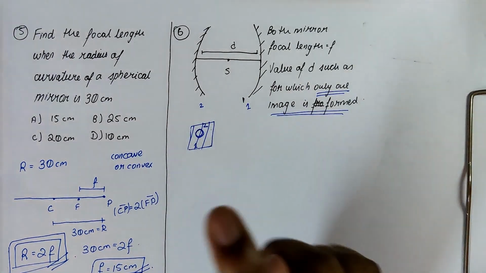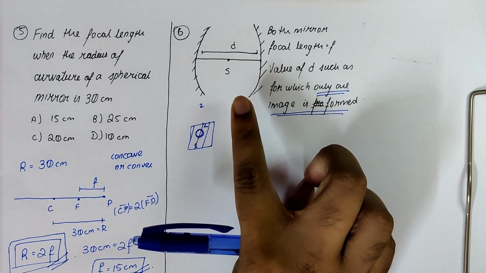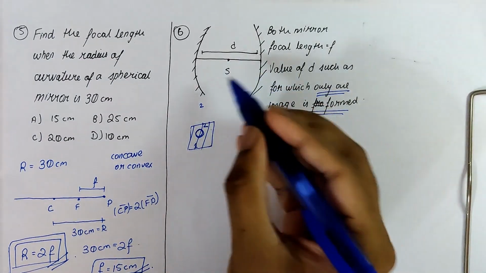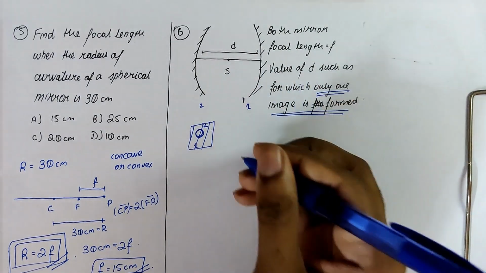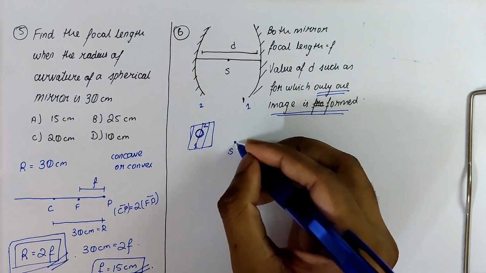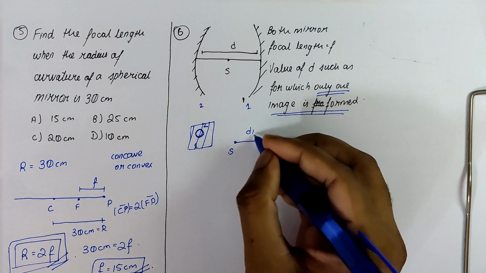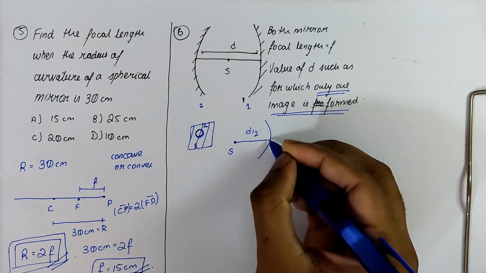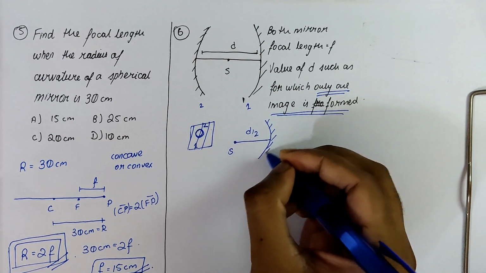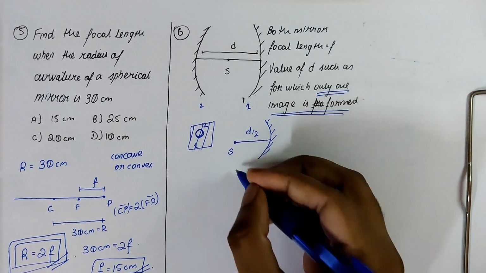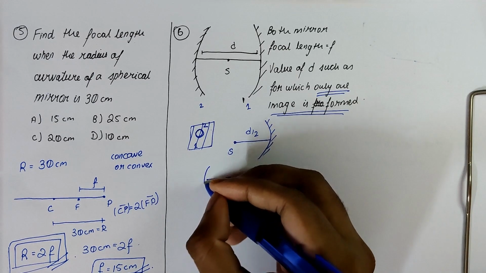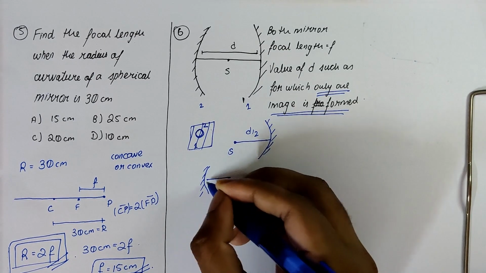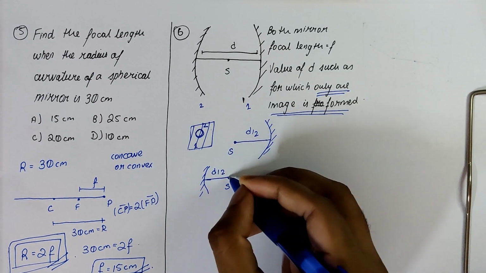So let's try to use the same thing here. Given that S is equidistant from both the mirrors, we have S here, and this length will be D by 2, so this is the concave mirror. In the same manner, this is S, and this will be D by 2.